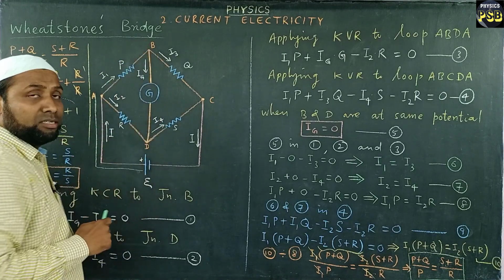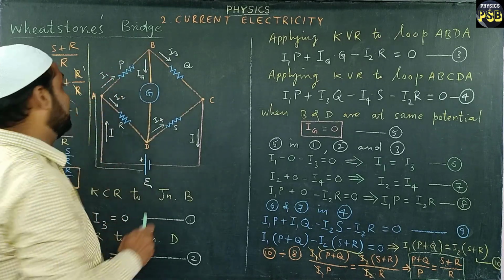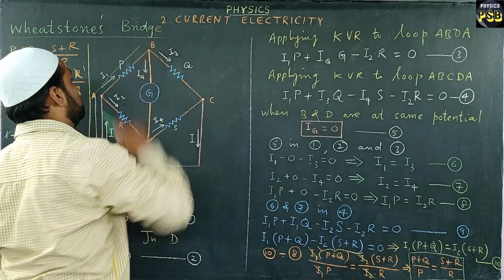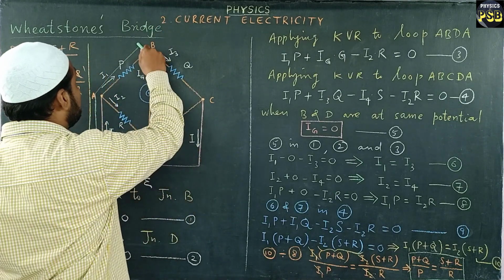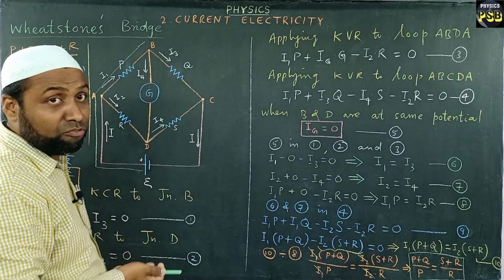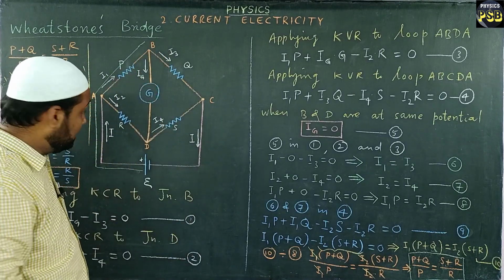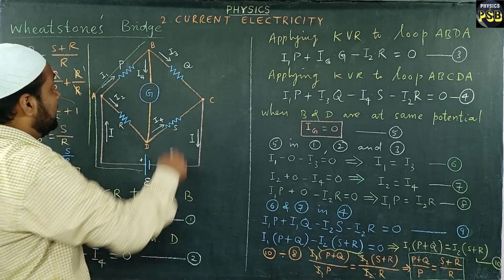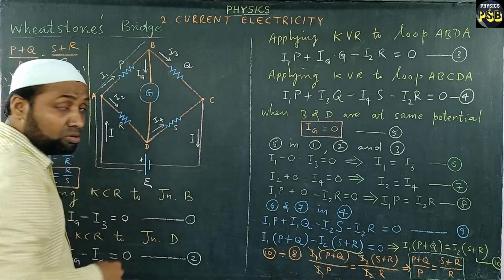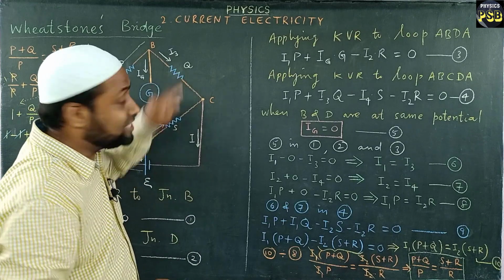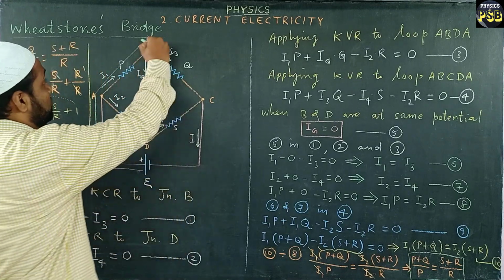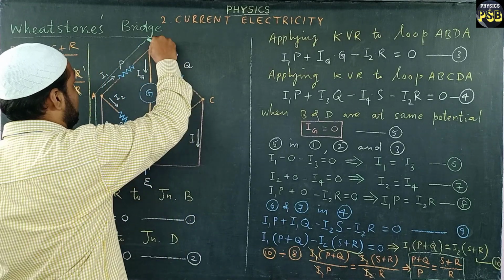Suppose I choose this path. So the current moves this way. After reaching B, again it finds two paths. It can flow through the galvanometer or it can pass through resistance Q. Now I choose this path.